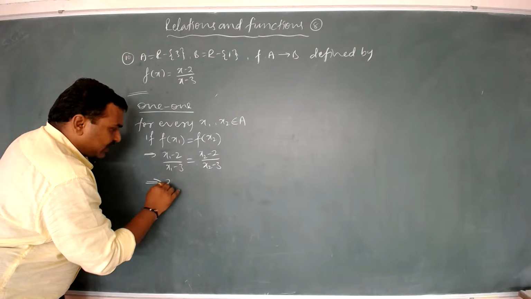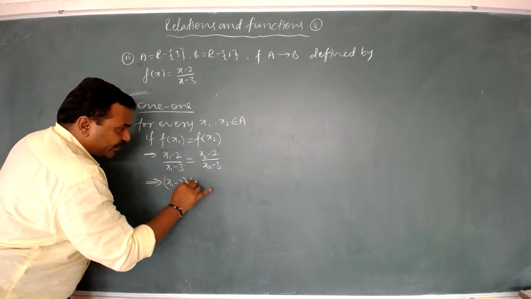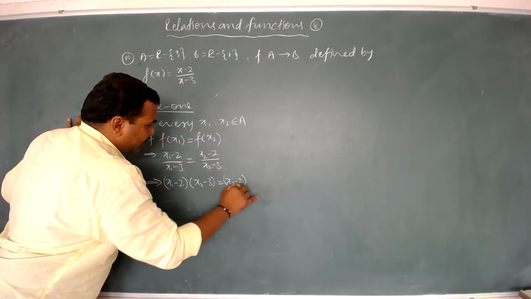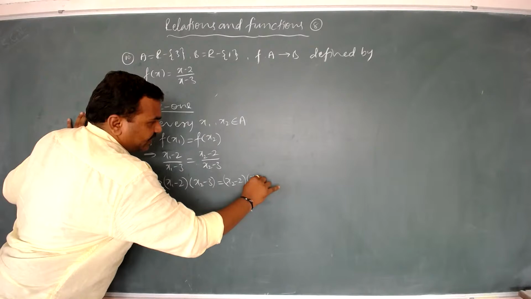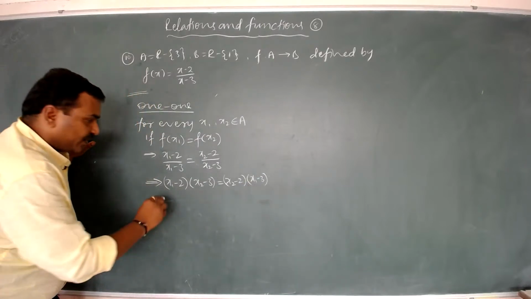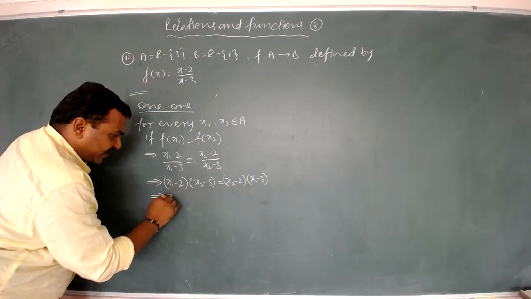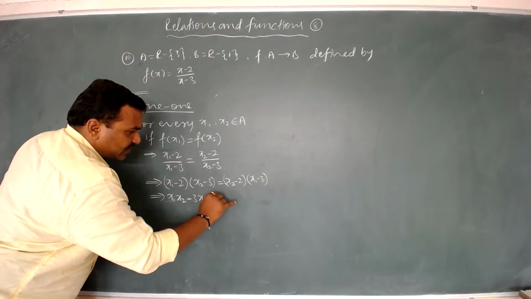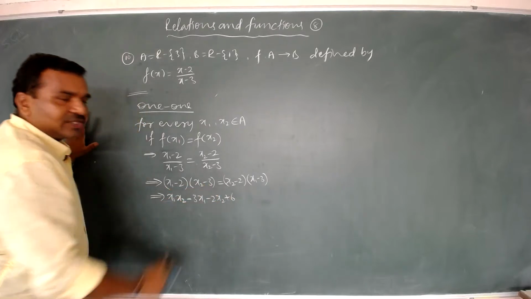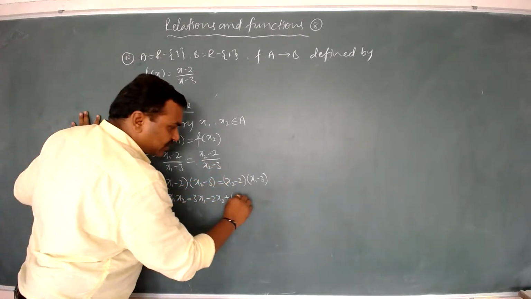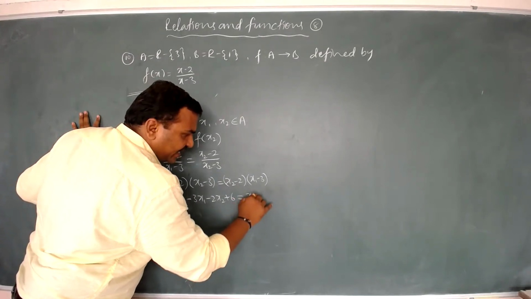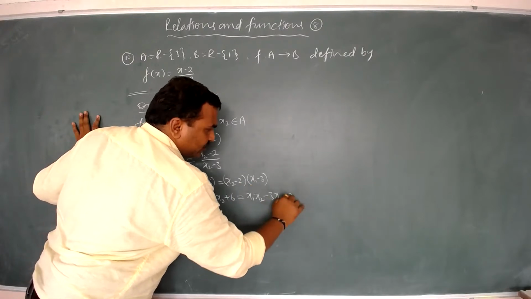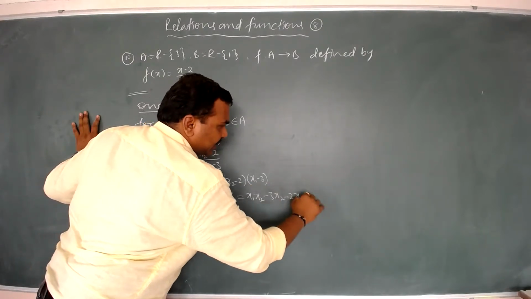Simplify. (x1 minus 2) into (x2 minus 3) is equal to (x2 minus 2) into (x1 minus 3). Simplification: x1 x2 minus 3x1 minus 2x2 plus 6. Right side also, x2 x1, or we can write x1 x2 minus 3x2 minus 2x1 plus 6.